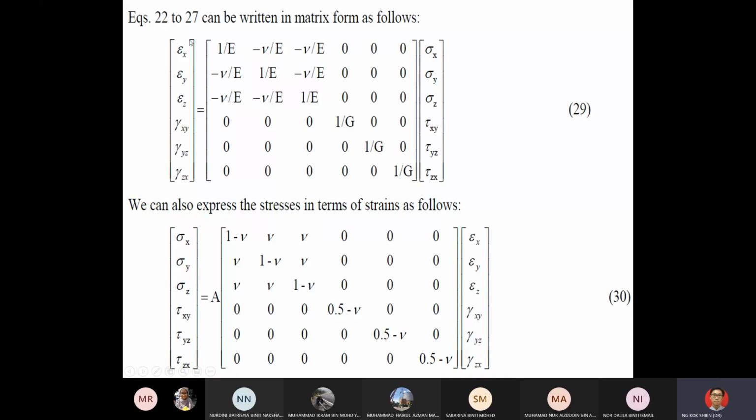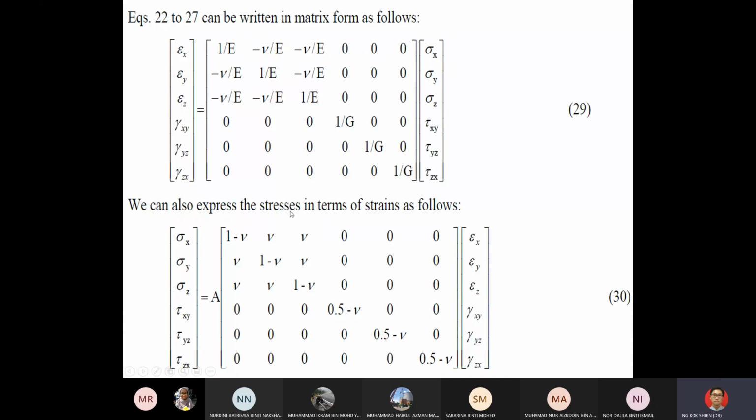If you want to get the strain, you need the material properties, which are the Young modulus, Poisson ratio, and shear modulus. With these properties and the stress applied on the material, you can get the strain.